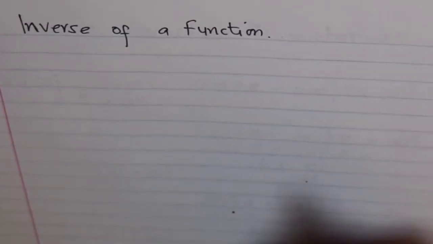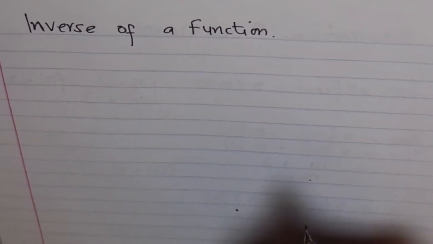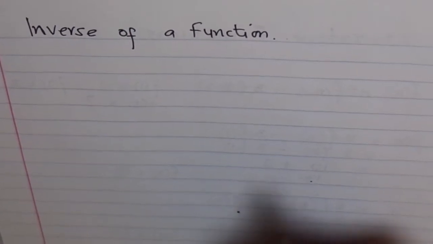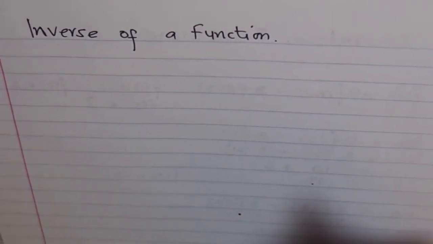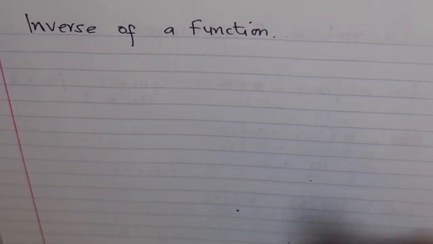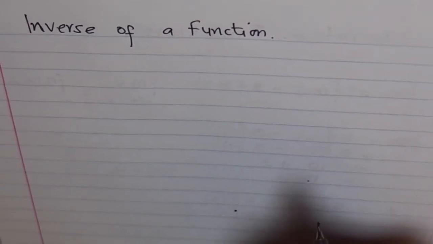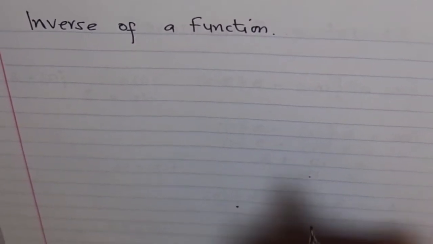By reversing the direction of arrows in a mapping diagram also we can find inverse of a function. For a graph, we can reflect the graph on the line y equals x and then find the inverse. Algebraically, to find the inverse, we swap x and y and then find the value of y.